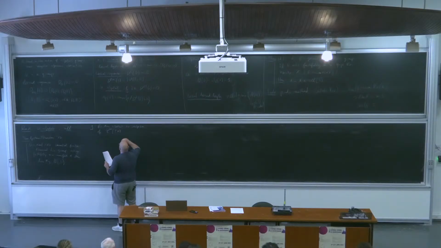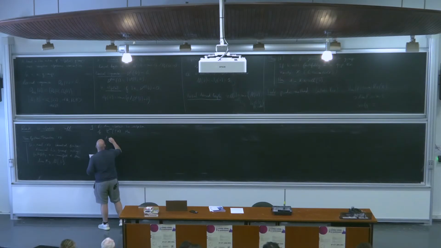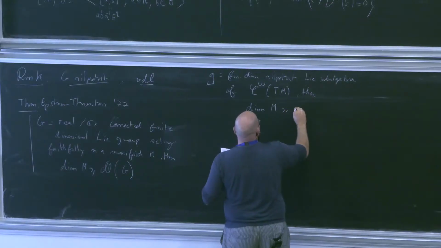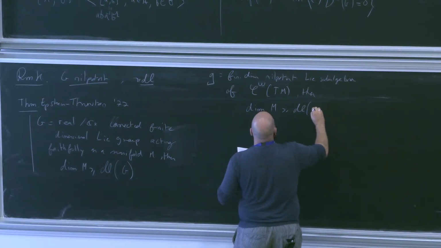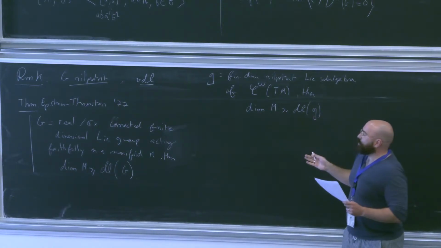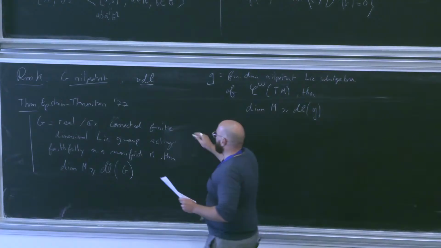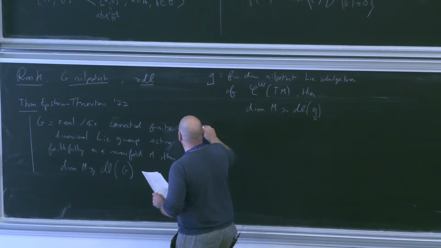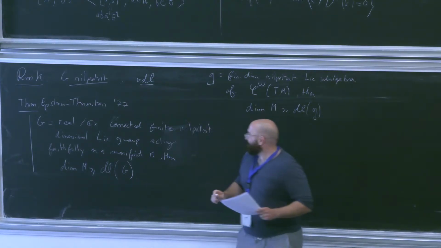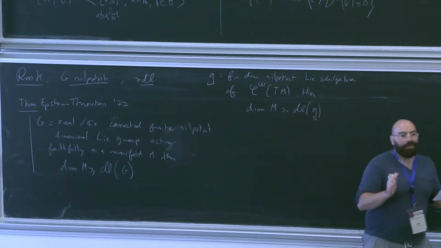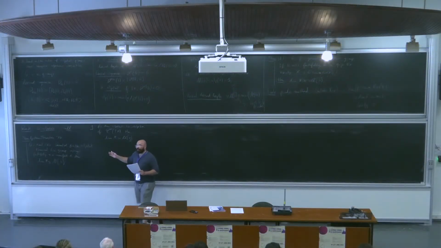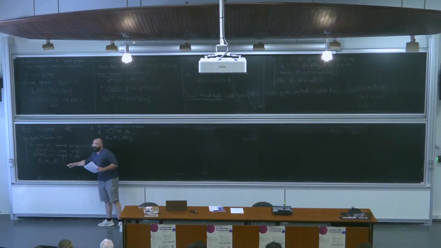You take a finite dimensional nilpotent algebra, then the dimension of M is larger than the derived length of the Lie algebra. Okay, so same thing here. Oh, I forgot nilpotent here. So same kind of result. You start with a nilpotent Lie group, but the bound you get uses the derived length.